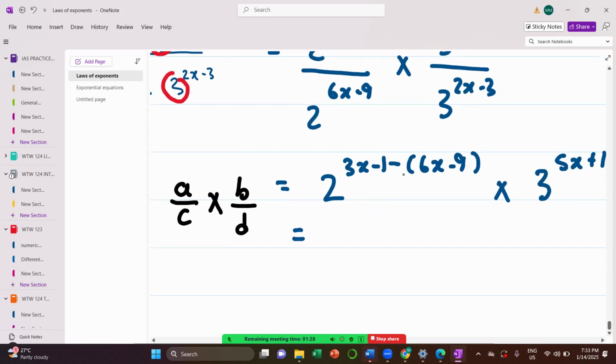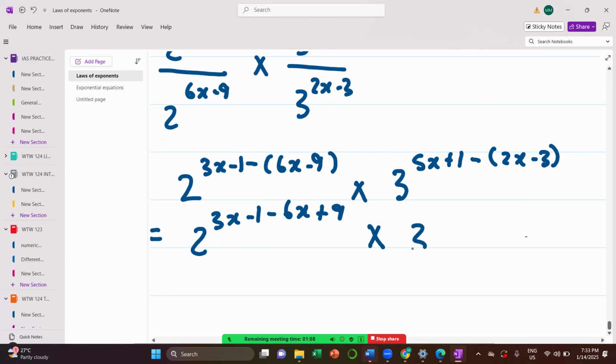I'm going to simplify the exponents. So I'm going to have 2 to the exponent of 3x minus 1 minus 6x. But here it's negative, so negative times positive 6x is negative 6x, and negative times negative 9 is positive 9. Then here I still have multiplication, so I'm going to have 3 to the exponent of 5x plus 1.